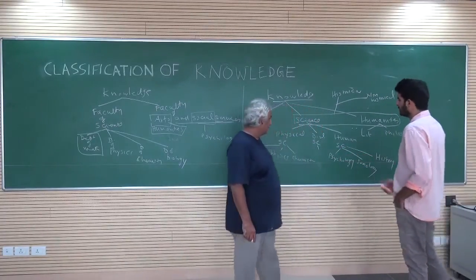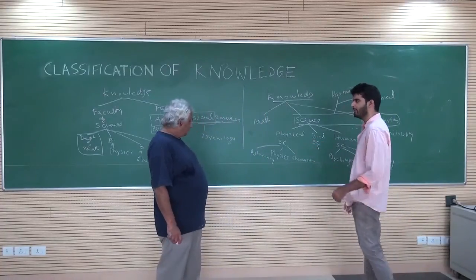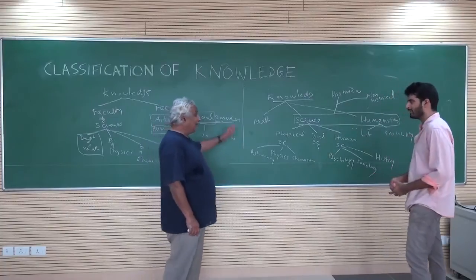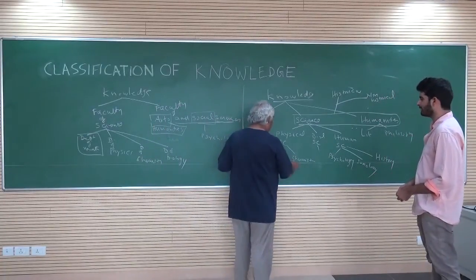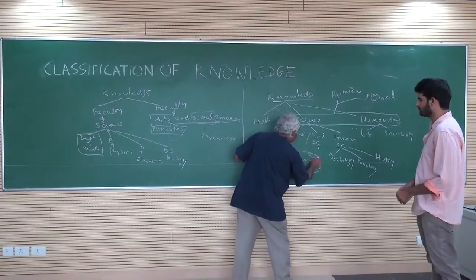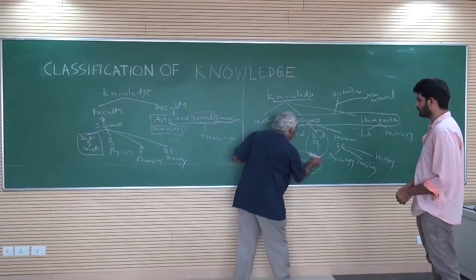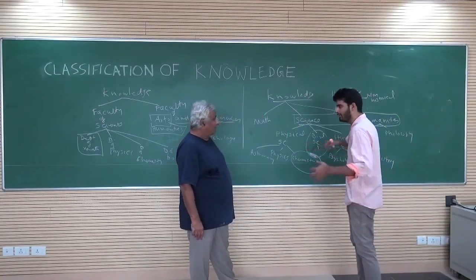But I've heard about things like biochemistry, biophysics. Where do they come? Actually, that makes this whole classification kind of meaningless, because if you have chemistry and biology, biochemistry will be the intersection there. So this classification requires these coming together.